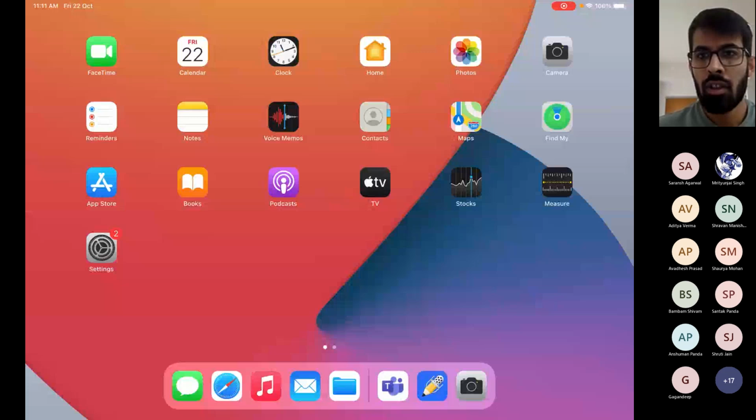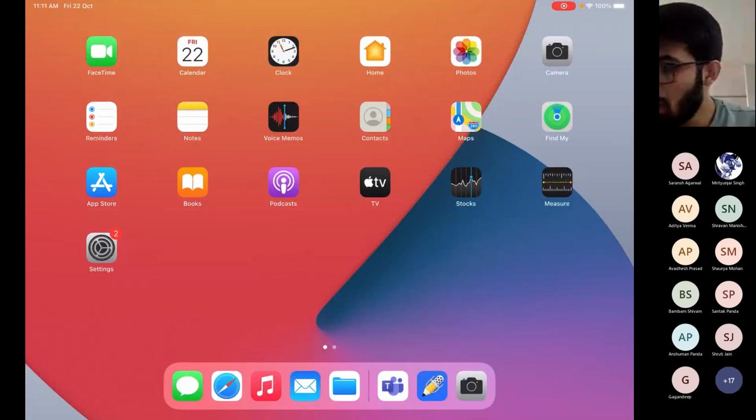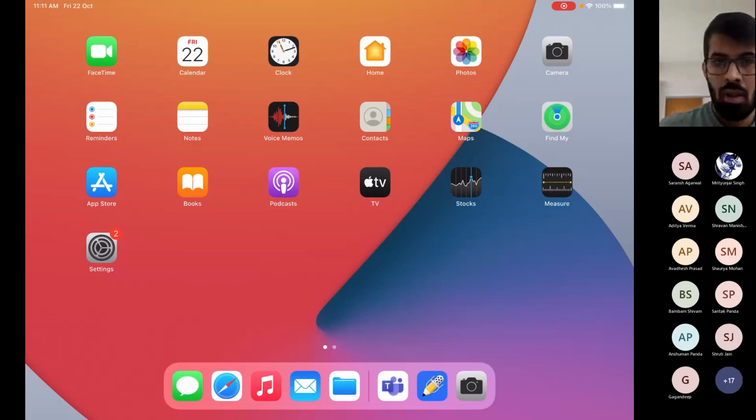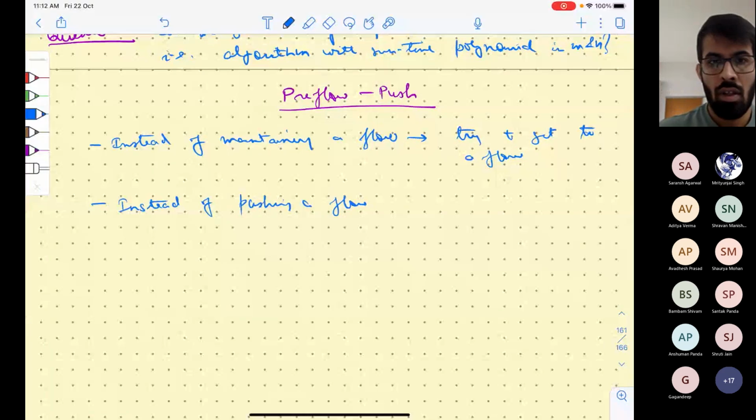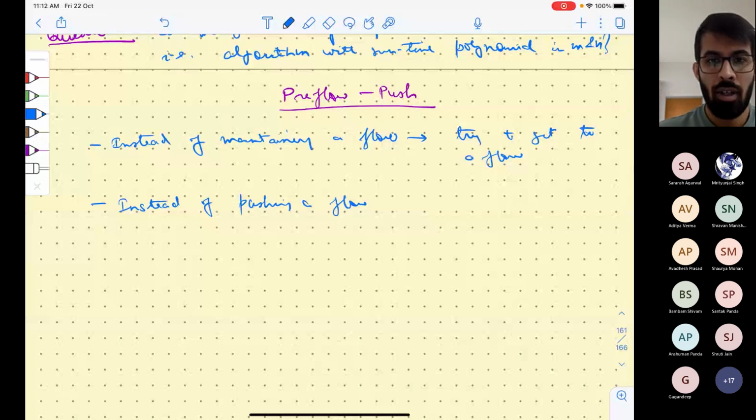The connectivity today is really bad. I know the screen is also paused, but now is it fine? Let's try. Okay, good. Hopefully it should work now. Am I audible?